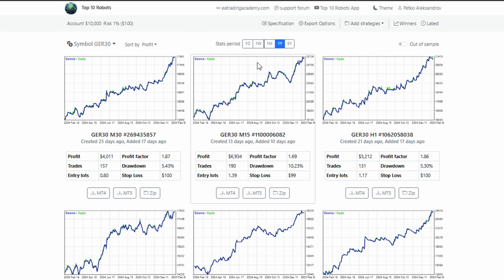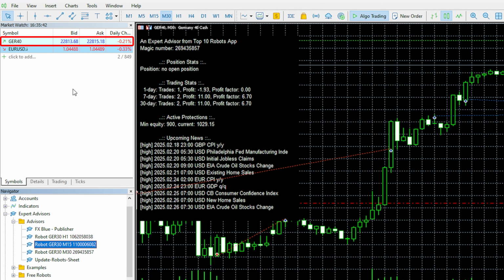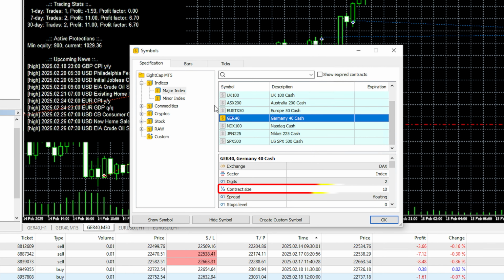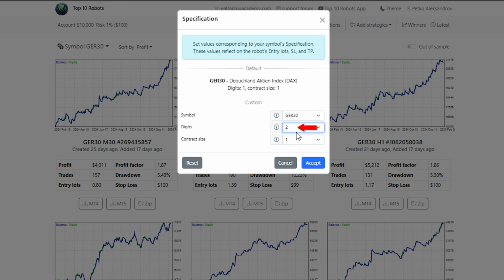And something very important when you are using the trial, make sure you check out the specifications. So if you go with Black Bull Markets, you don't need to change anything. But if you decide to use another broker and there are 2 digits after the decimal comma, and you make sure you check the contract size, if you see it's different, then you'll need to change the digits and the contract size.